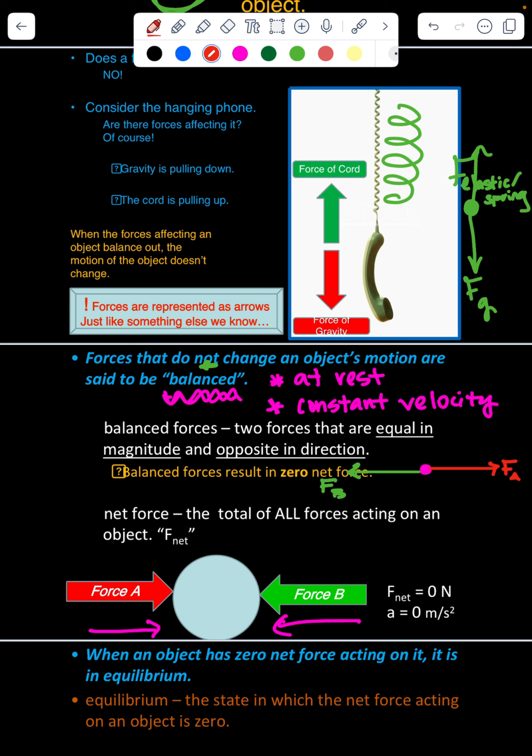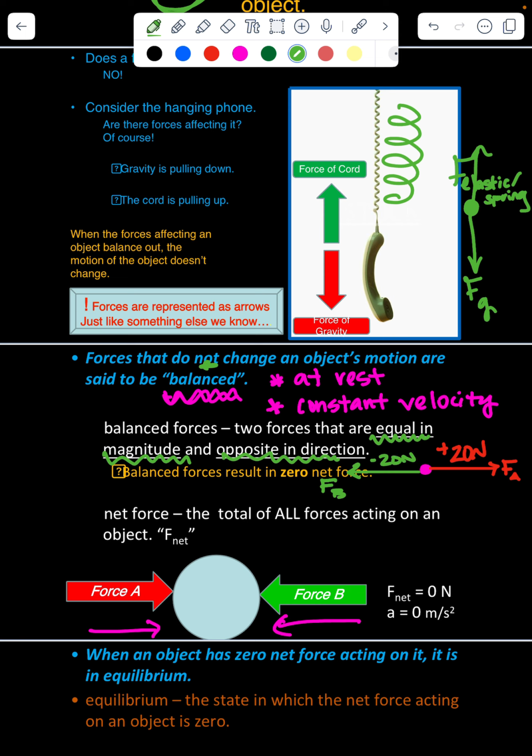Because force A is headed to the right, that's going to be a positive force, and we're just going to say it's a positive 20 newton force. For us to be balanced, it has to be equal in magnitude and opposite in direction. So that means that force B is going to be negative 20 newtons.